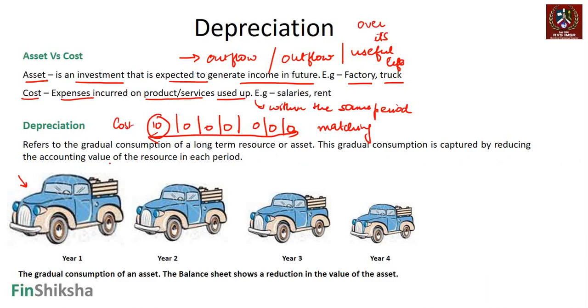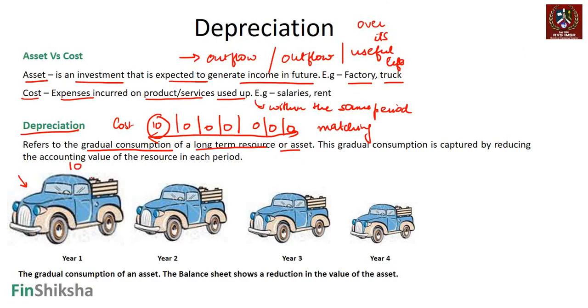So depreciation is nothing but this division of the cost over the useful life of the asset. Depreciation refers to the gradual consumption of a long-term resource or asset. This gradual consumption is captured by reducing the accounting value of the resource in each period.